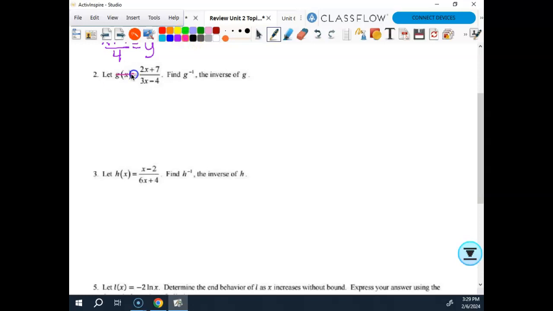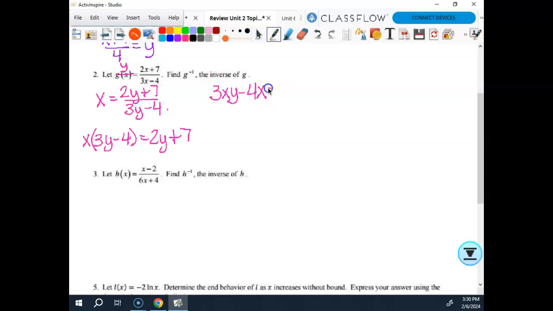All right, same thing, I'm going to make that y, and we're going to switch them. So x is equal to (2y plus 7) over (3y minus 4). First thing I'm going to do is multiply both sides by this denominator. That gives me x times (3y minus 4) equals 2y plus 7. Then I distribute on the left-hand side and get 3xy minus 4x equals 2y plus 7.